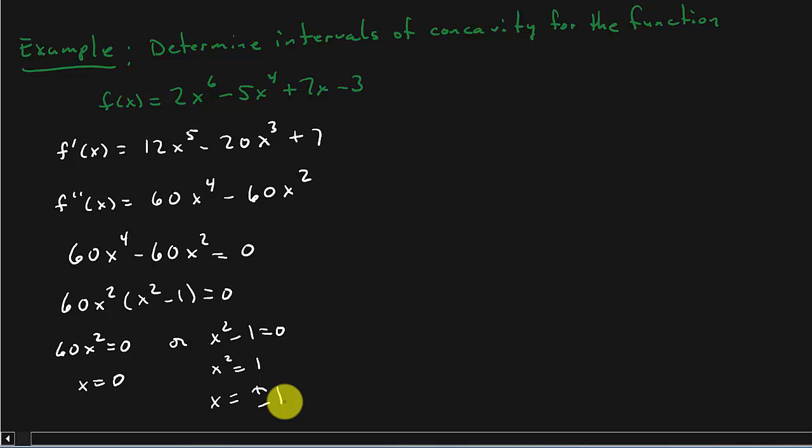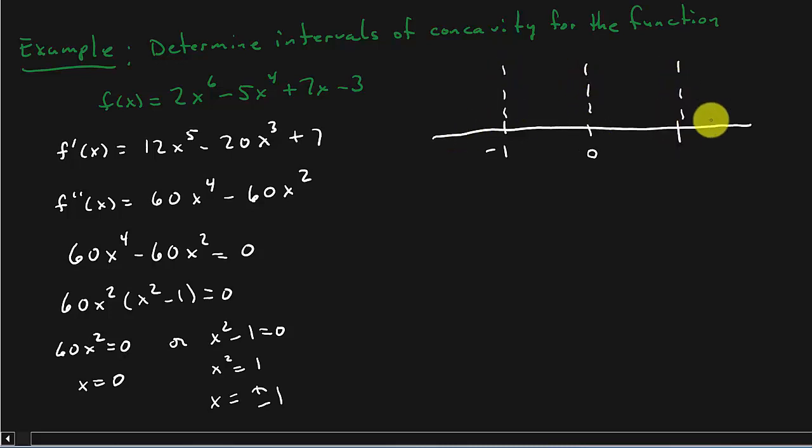Now, what does this say to do? It says to plot these numbers on a number line. So we have -1, 0, and 1, and that breaks this up into 4 intervals. We need to choose a number from each interval, so I'll do x equal -2, x equal -1/2, x equal 1/2, and x equal 2.